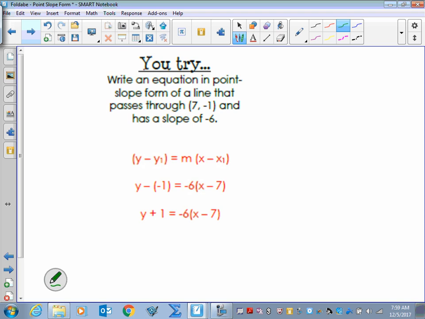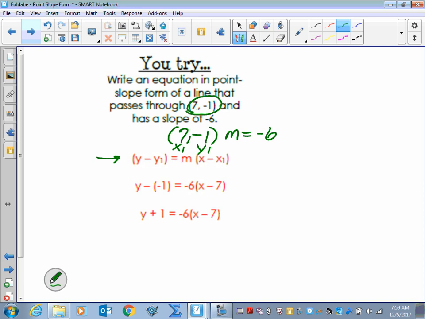Okay, so this one says write the equation in point-slope form. Here's your point. And your slope is -6. Right? So again, you have your x1, your y1, and you have your m. This is what the form looks like. That's where we're trying to get it into. So drop your numbers in the proper places.